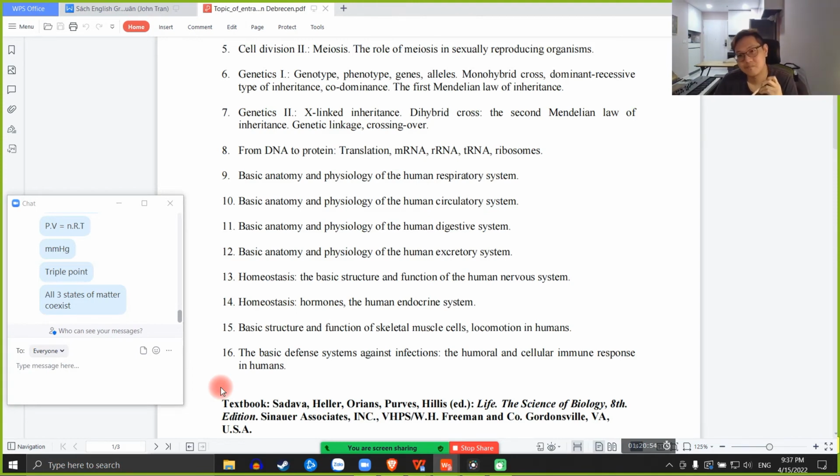How long does it take for T cells and B cells to be activated and to do something useful to defend the body? It would take quite some time because it has to follow steps.